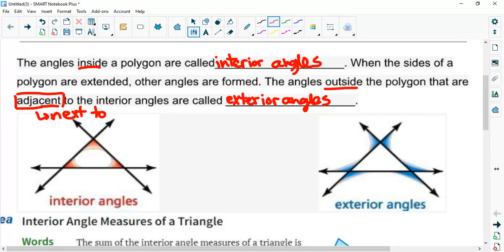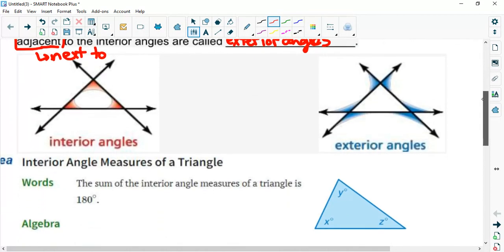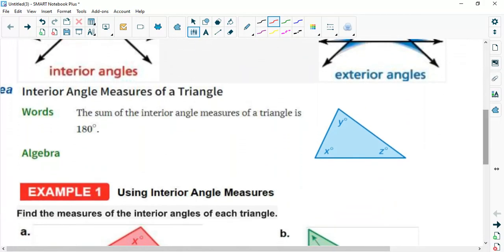We're going to begin our first examples by looking at the interior angles, how to find missing angles inside of a triangle. The interior angle measures of a triangle: the sum of interior angles is 180. Sum means we are adding together the three angles.